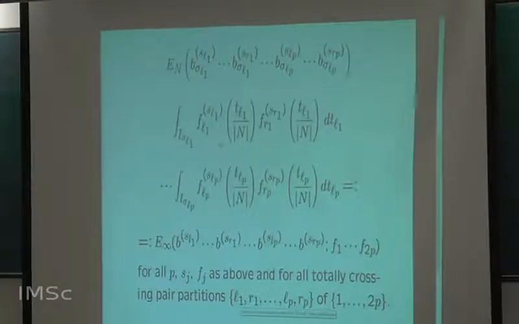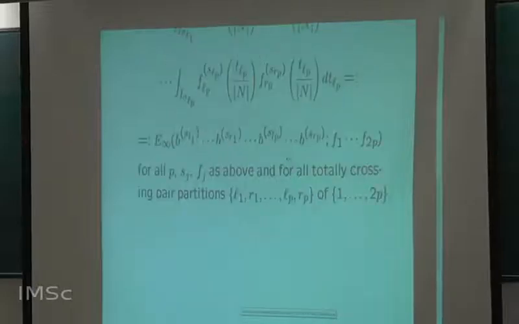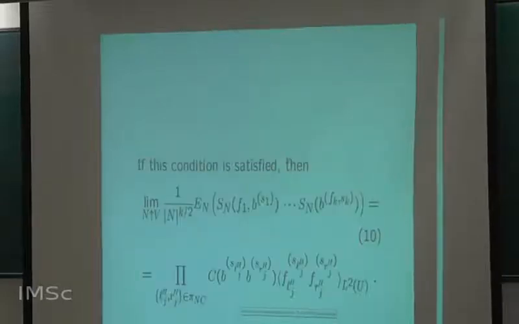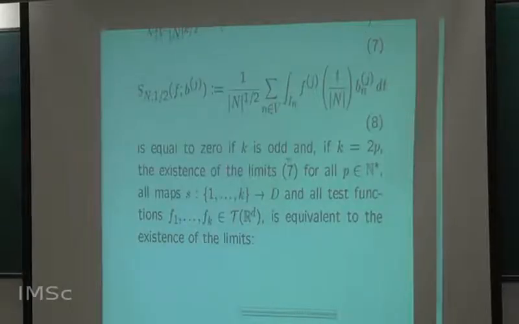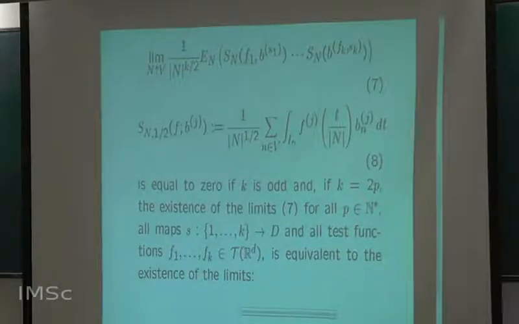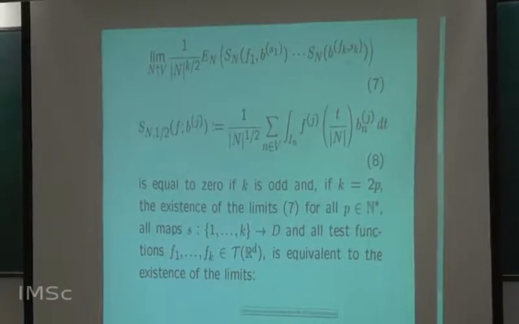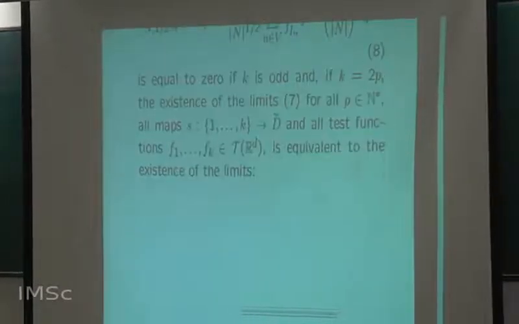Note that now we have a single integral inside each of them. We want to prove this. So the theorem, I rephrase, will say that this limit will exist. For k odd, it will be identically 0. For k even and equal to 2p, this limit will exist if and only if this other limit will exist.